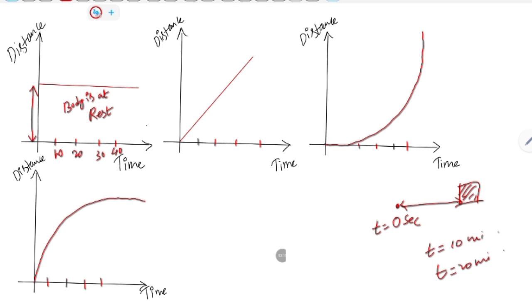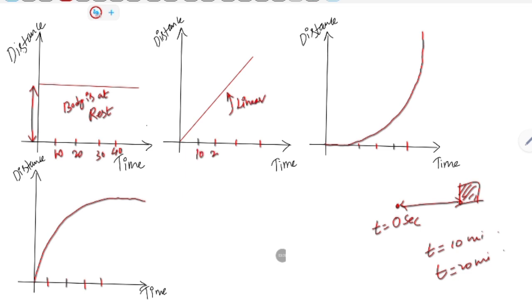Next, coming to the second graph, here the straight line is also a straight line, but it is passing through the origin. If you observe this linear relation, there is a linear relation between distance and time.